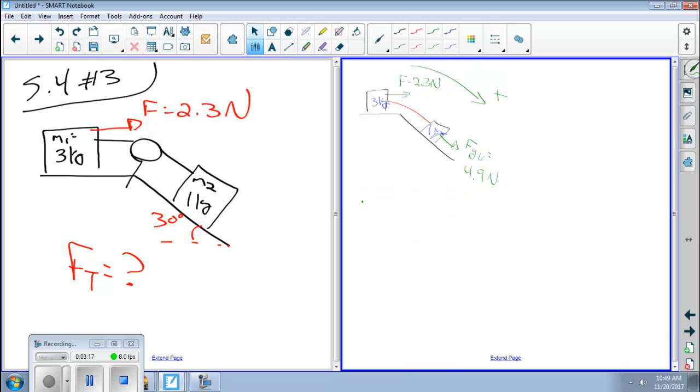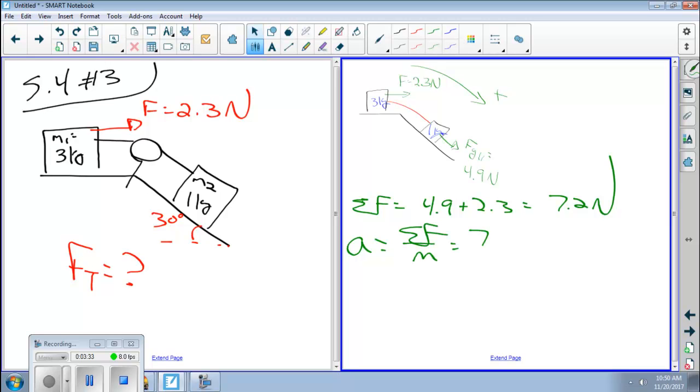The net force is just the sum of these two: 4.9 plus 2.3, which gives you 7.2 newtons. My acceleration of the system is net force over mass. I've got 7.2 newtons pushing this thing in a positive direction. The mass is 4 kilograms. Divide this and you get 1.8 meters per second squared, right? Everybody good up to there?